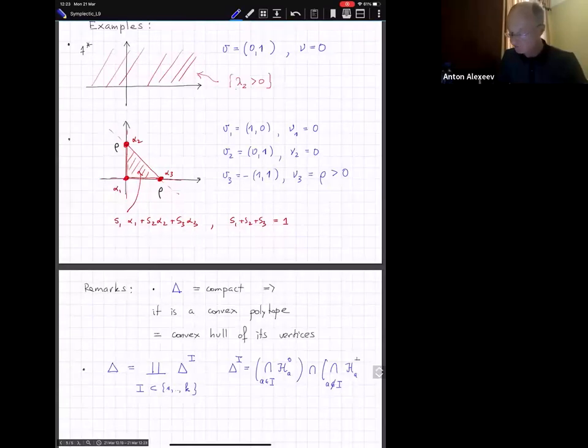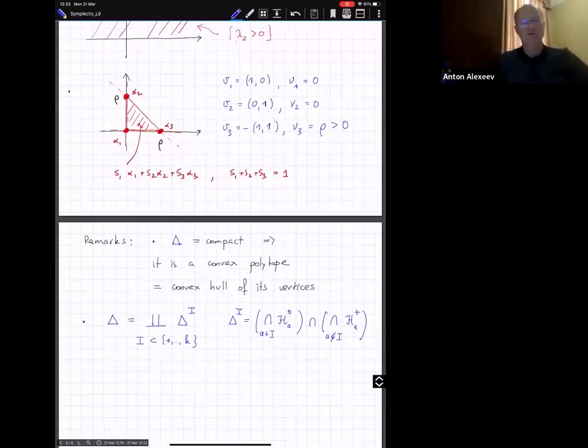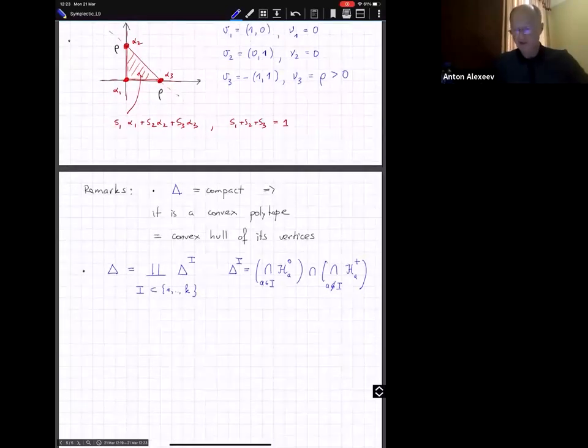Of the open half spaces. So some of those delta i's may be simply empty.